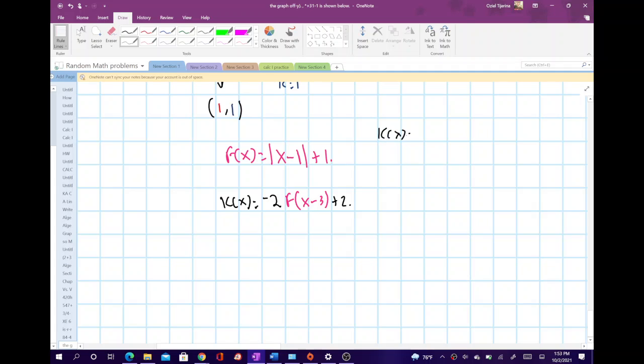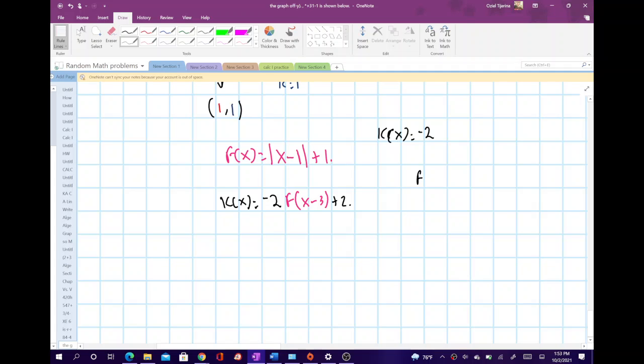We know that k of x is -2 times, so it's x minus 1 minus 3, right? So basically, we want to find f of x minus 3.